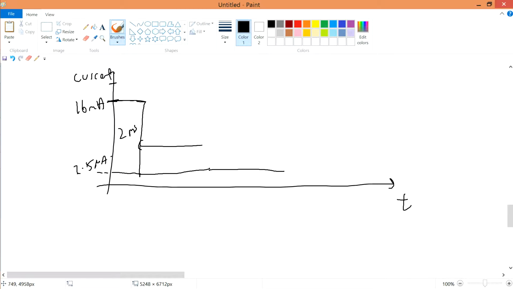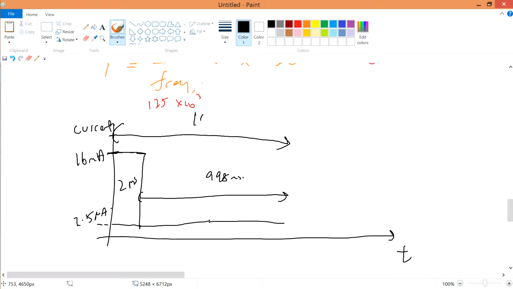So this distance over here is actually 998 milliseconds, because 1 second is equal to 1000 milliseconds, correct? So this whole chunk over here is your 1 second. Within your 1 second, 2 milliseconds is used to take in 250 data or 250 instructions, while the 998 milliseconds is used to sleep.